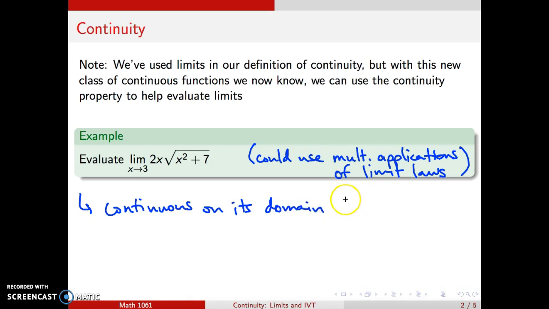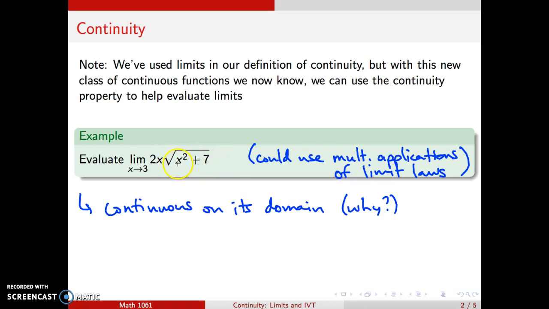I won't write everything out because of the space, but let me just ask, why? You could say, well, I could see this as a product of 2x times the square root of x squared plus 7. 2x certainly is a continuous function; it's a polynomial of a very basic type, a linear function. And then is this other one continuous? Well, it's a root composed with a polynomial.